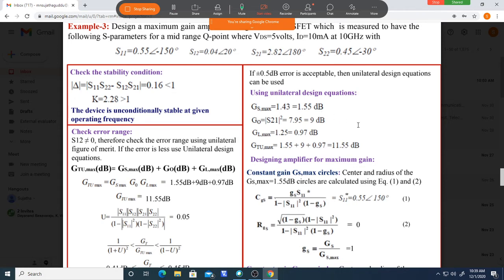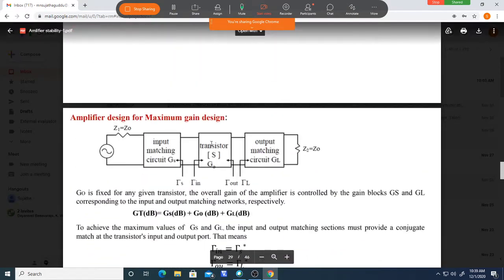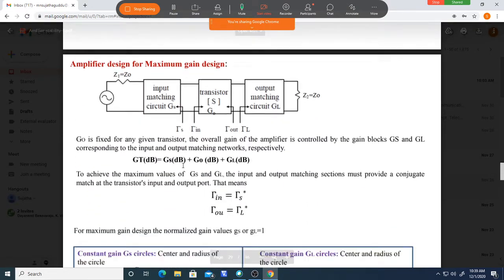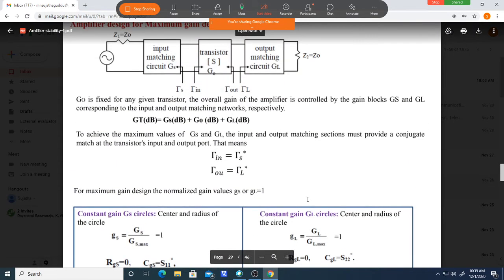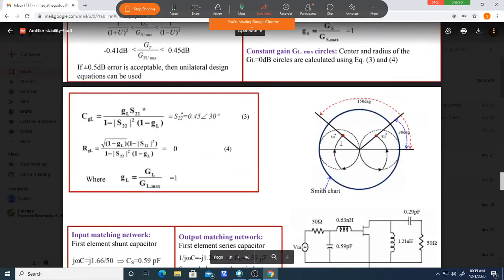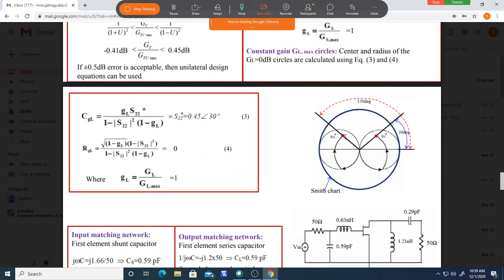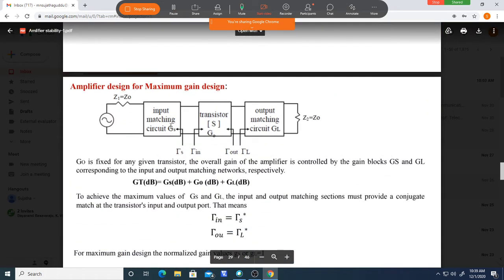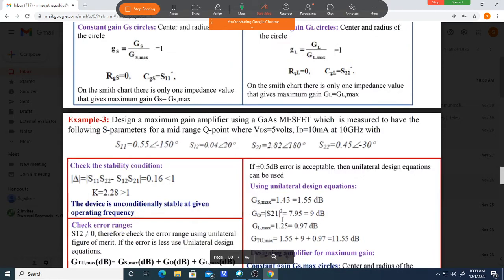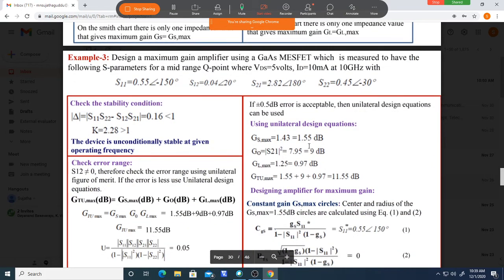That is the maximum itself. To get this maximum gain from the input matching network, I want the maximum gain, GS maximum. Then you should set this value, only one value. There is no circle at all. You should take this value and set it as the input impedance ZS to get the maximum gain, GS maximum.